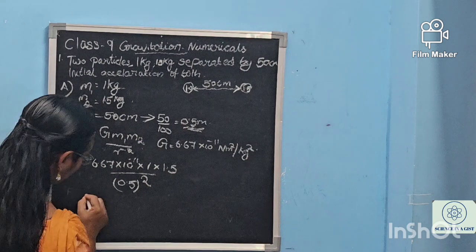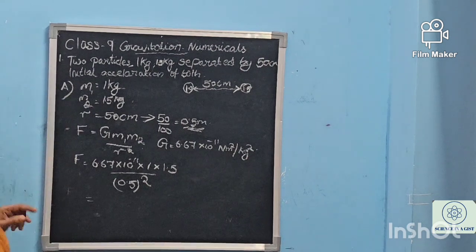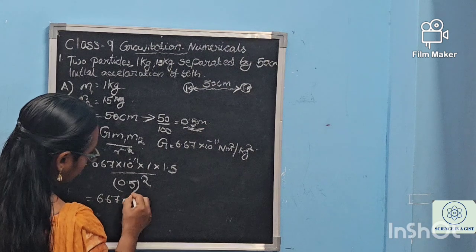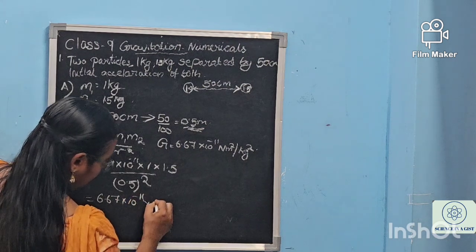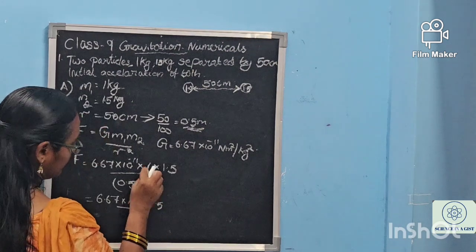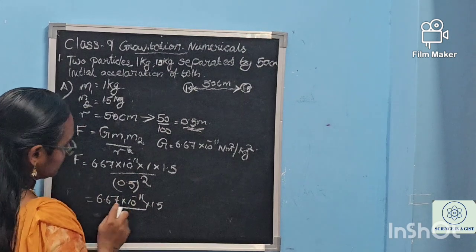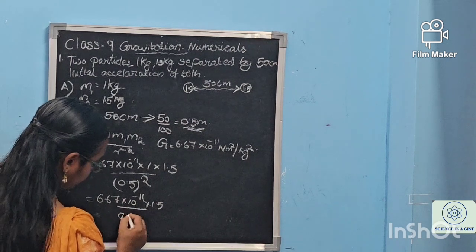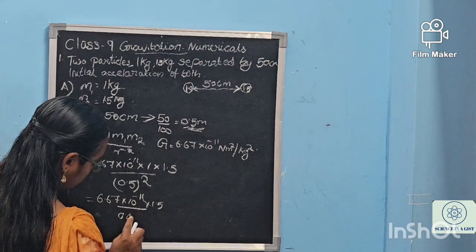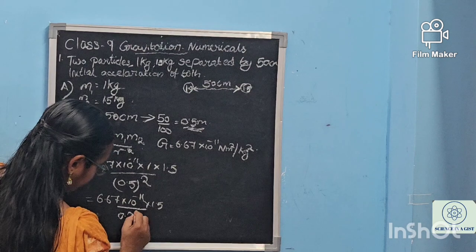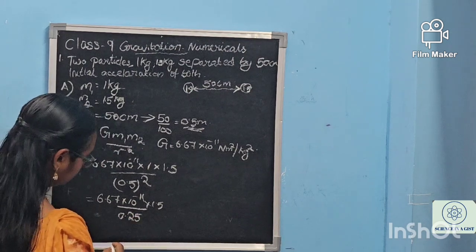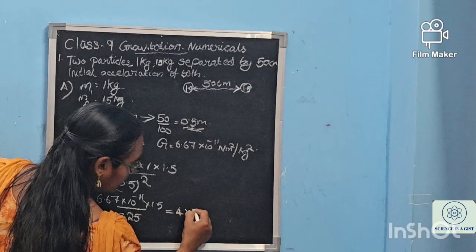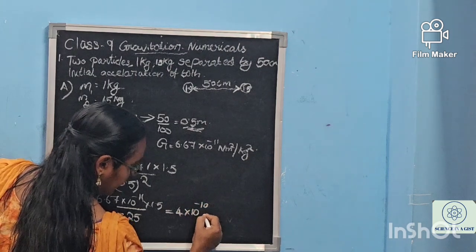If we are solving, 6.67 into 10 raised to minus 11 into 1.5, because 1 and 1.5 are multiplied, divided by 0.25. We will get the answer as 4 into 10 raised to minus 10 Newton.